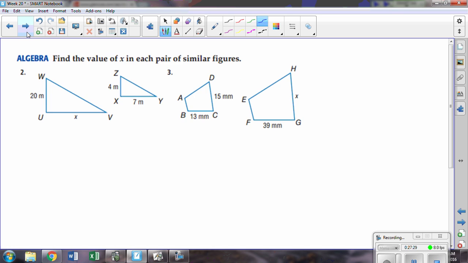And on one of these, we should do the proportion method. So let's use that proportion method in question number 2, just so that we can further reinforce it for people who prefer proportions. Well, how are we going to set it up? 20 corresponds with 4, which means x will correspond with 7.